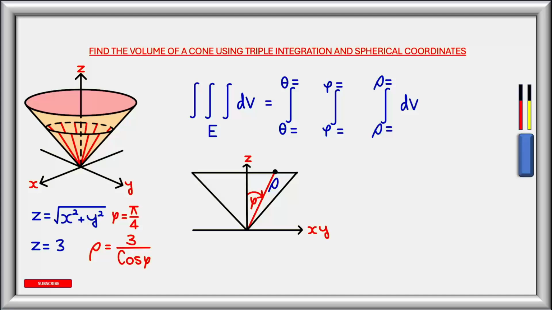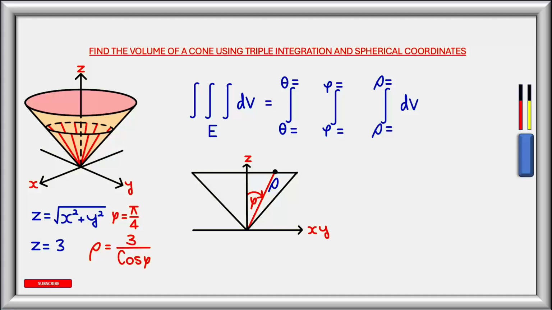To help us understand the region, this diagram is a view along the z-axis from the xy plane. In spherical coordinates, rho is the radial distance from the origin to a point in space and represents the length of the line connecting the origin to the point. So rho is always greater than or equal to 0. So in our example, rho starts at the origin where it's equal to 0.